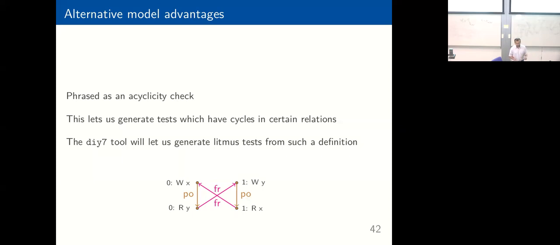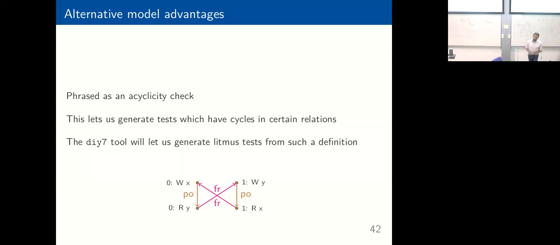And computers are good at doing explorations and doing the calculations. For example, here, in this cycle, you take that skeleton, and the only other thing you have to look at is those FR relations. It means that load gets its value before that store.